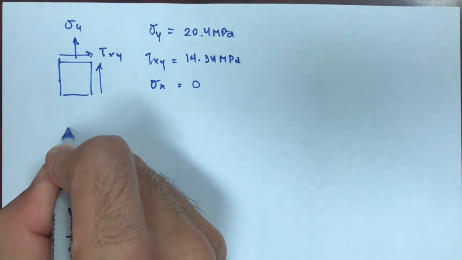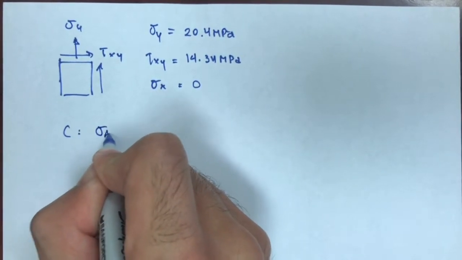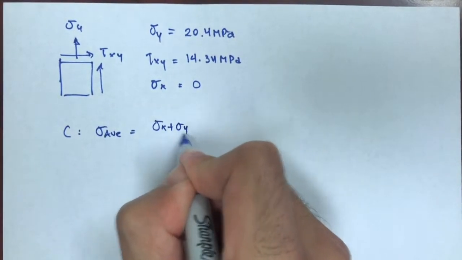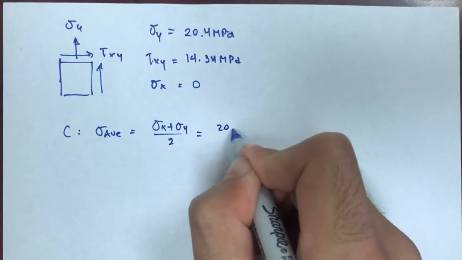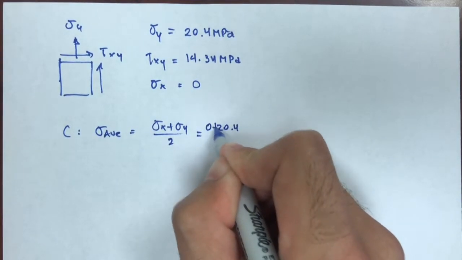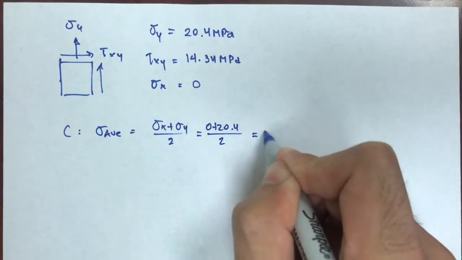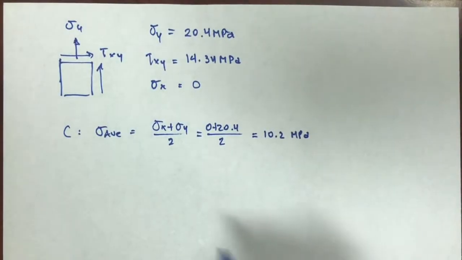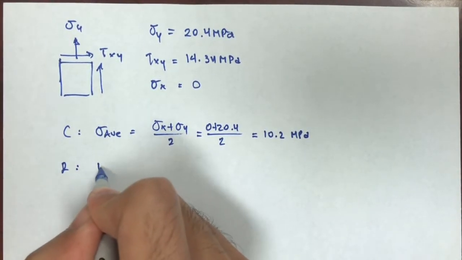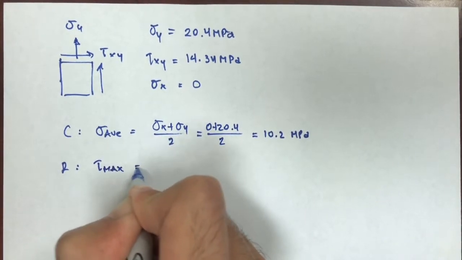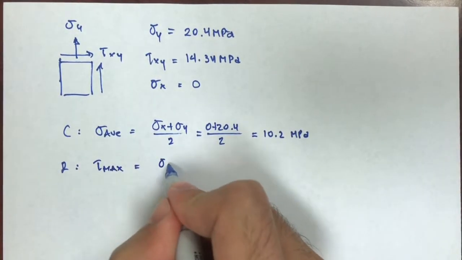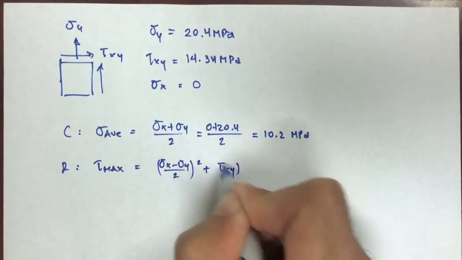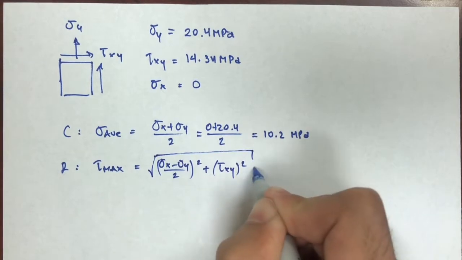So the center is at my sigma average, which is sigma x plus sigma y over 2, which is 0 plus 20.4 over 2, so 10.2 megapascals. And my radius, which is my tau max, would be the square root of sigma x minus sigma y over 2 squared plus tau xy squared.